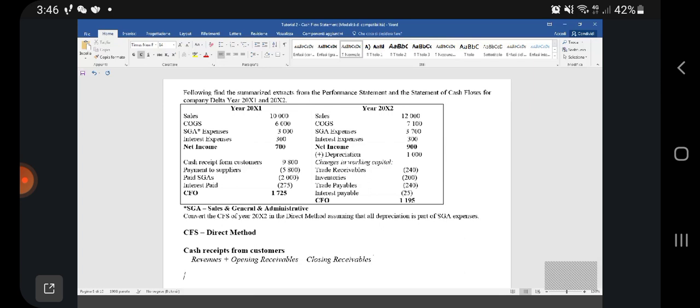The second line that you need to calculate here, you need to convert revenue to cash receipts. Cost of goods sold, payments to suppliers. Well, you have the formula in your notes, just put it there. I'll give you 1 or 2 minutes to think, and then we solve this exercise together, okay?